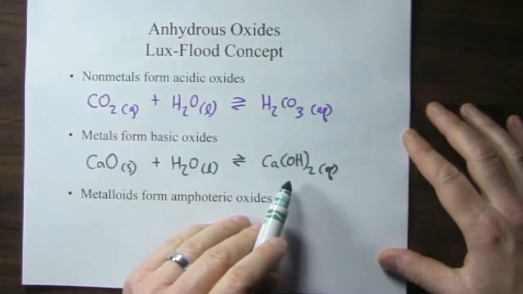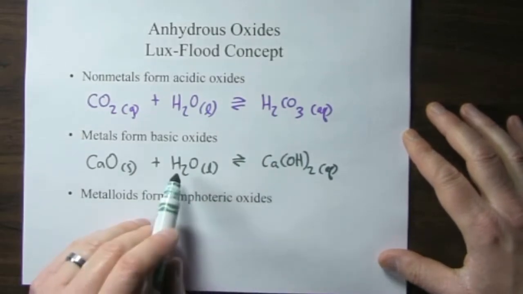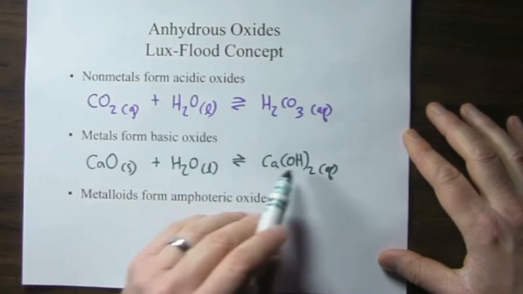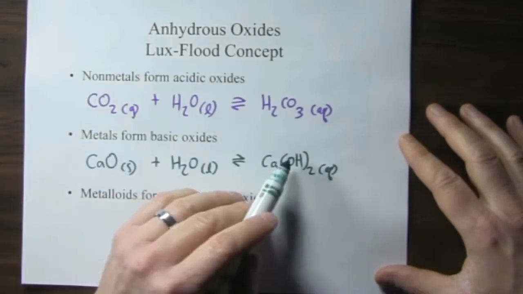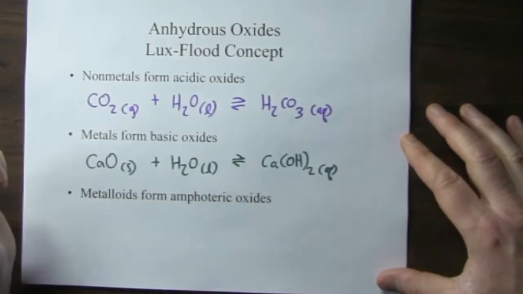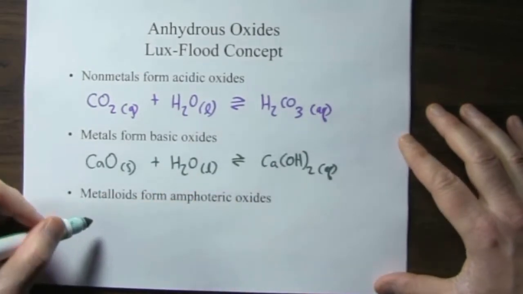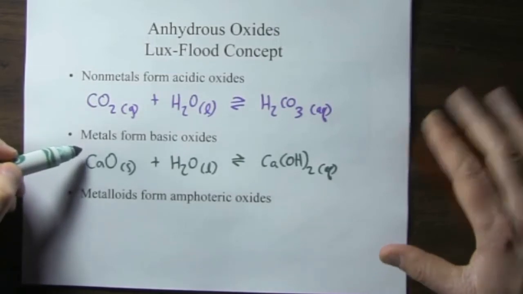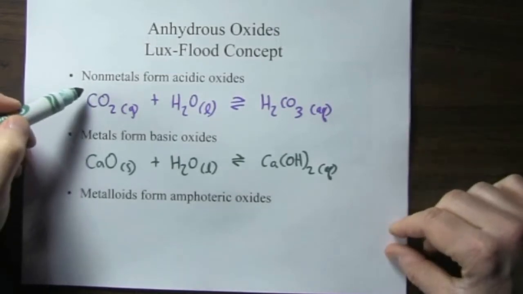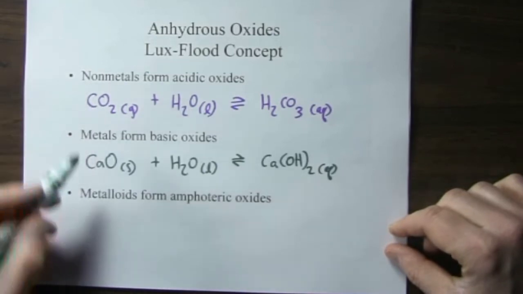To do that, we had to take 2 hydrogens, 1 oxygen, so that's balanced. And that will form hydroxide in water, so that's a base. So you can see the periodic trend would be that metallic oxides are bases, nonmetallic oxides are acids.